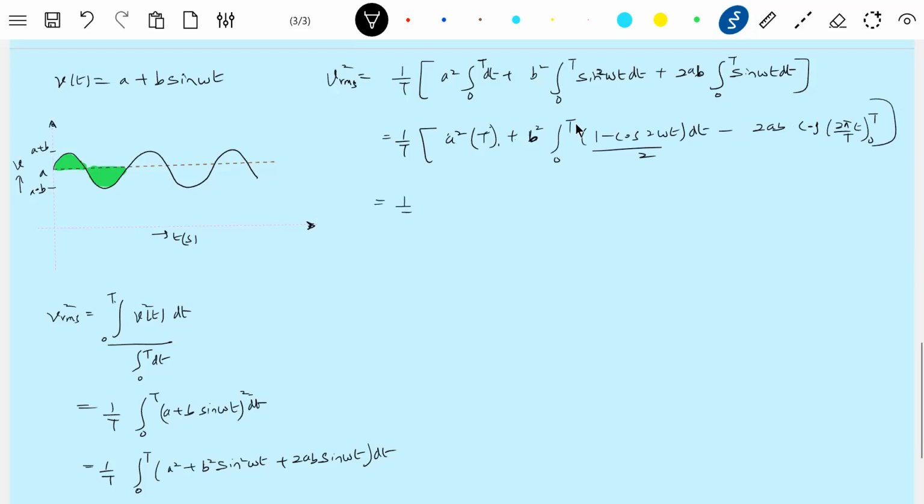So next step will be 1 by T, a square t, plus b square by 2, the integral of dt will be t, minus integral, this will be 1 by 2 omega sine 2 pi t by T. 2 omega, no, so this will become 4 pi. I'm writing directly. Hope everyone is able to follow it. Plus 2ab.